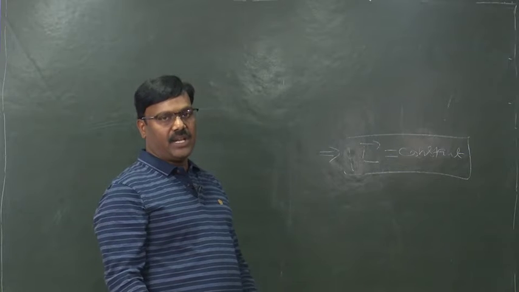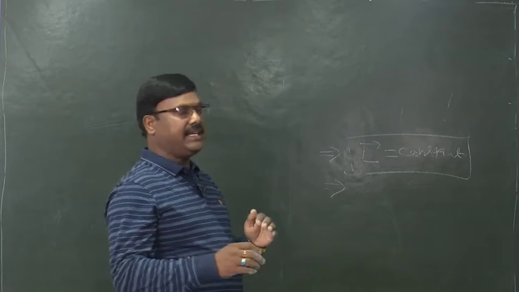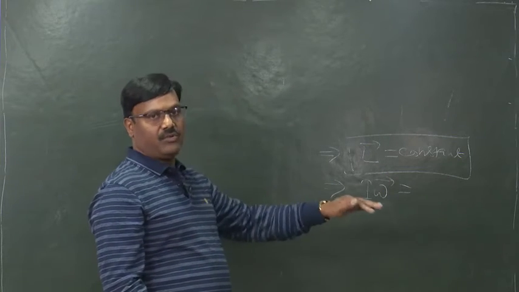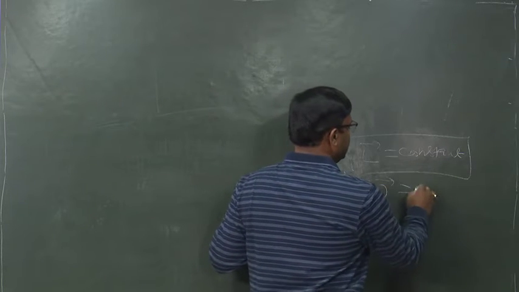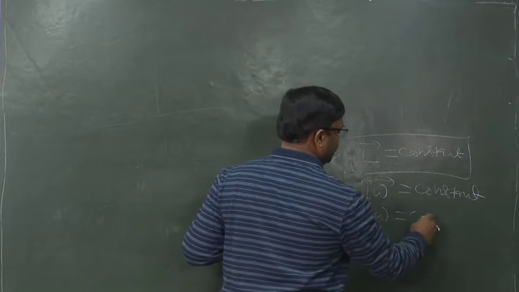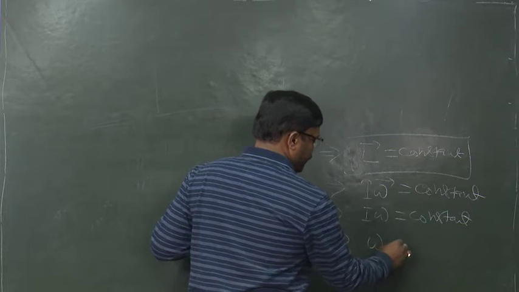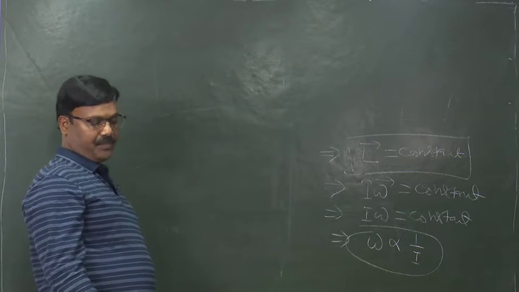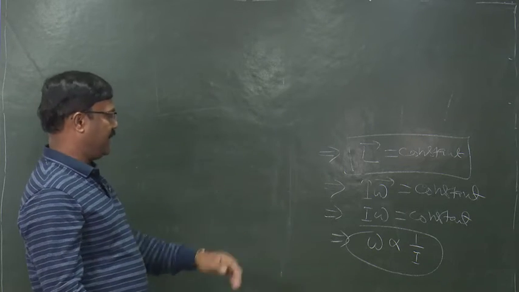That means total angular momentum always remains the same, and from this we can write L is equal to I omega, where I is the moment of inertia and omega is the angular velocity, and that is why we can write this L equal to I omega is equal to constant, implies I omega is equal to constant, implies omega proportional to 1 by I, where I is the moment of inertia of the particle.